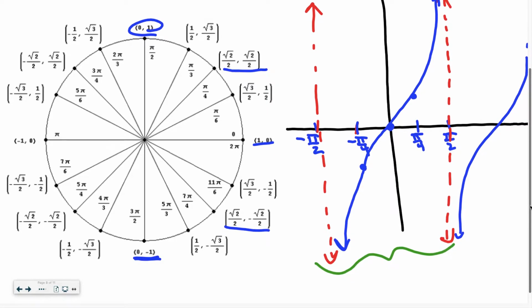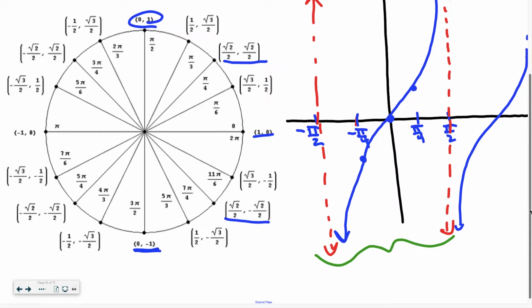Little different than sine and cosine, right? What's the length here? How far horizontally before we start repeating again? Oh, this is important. The period of tangent is pi. That is different than the parent graphs of sine and cosine, isn't it?